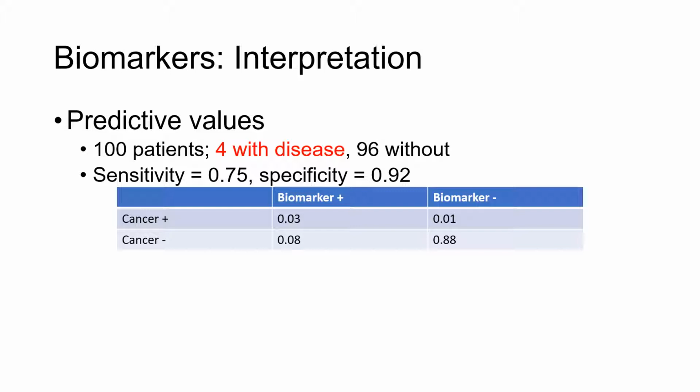That's on the right side of the box. To determine our true negative rate, we then multiply the proportion of patients without the disease, 0.96, by the specificity, 0.92, and we get 0.88 in the lower right part of the box. And finally, we subtract the prevalence of disease, 0.04, and the true negative rate from 1, or 100%, to get the false positive rate of 0.08 in the lower left portion of the box.